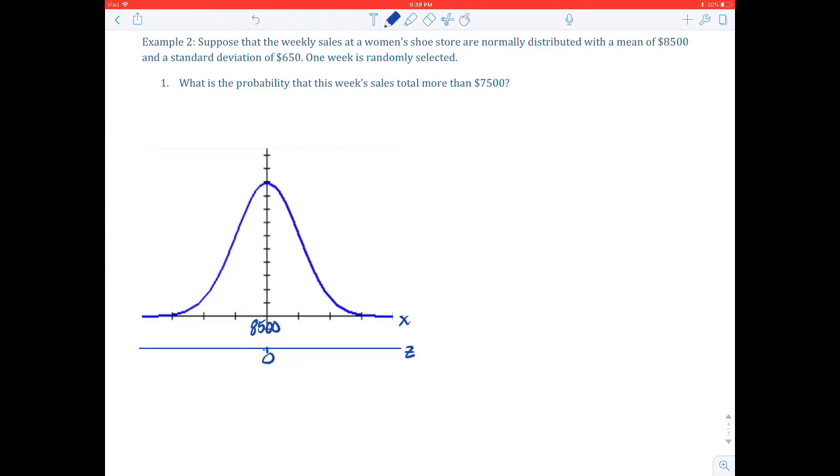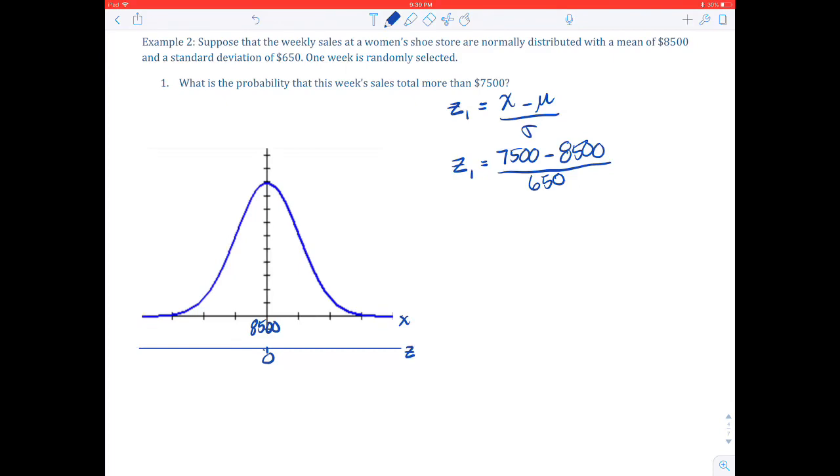Okay, so we're interested in this value of 7,500. If we're going to standardize, which we have to do if we're using the table, then we need to find this Z1, the X value minus the mean over sigma. So Z1 is 7,500 minus our mean, which was 8,500, all over sigma, which was 650.